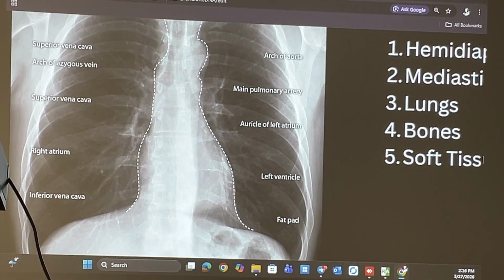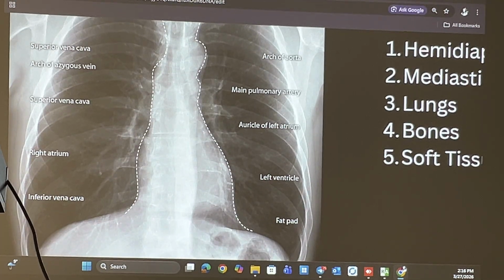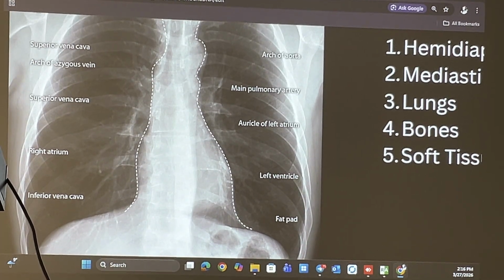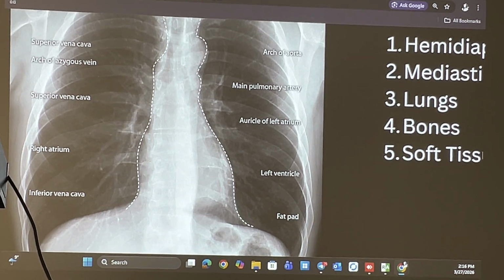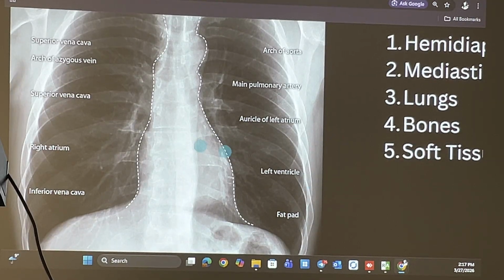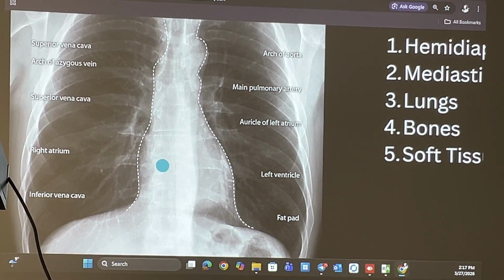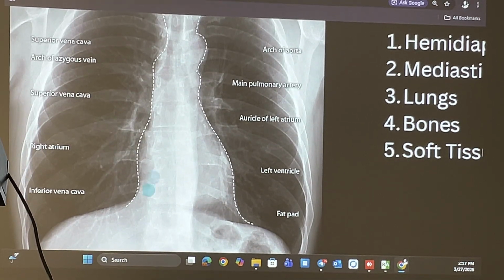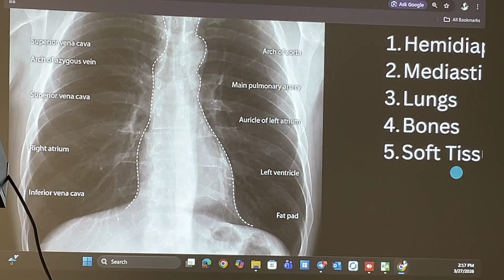If the right border is slightly enlarged, why is it due to ventricular enlargement and not atrial? You cannot tell which part of the heart is enlarged only by frontal chest x-rays, because you see just the total, overall image, and you cannot evaluate which part is enlarged.